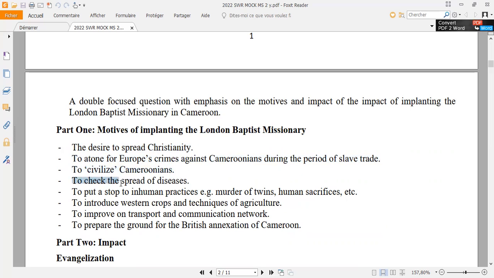They came to check the spread of diseases like malaria, to put an end to inhuman practices, for example murder of twins and human sacrifice, to introduce Western crops and techniques of agriculture, to improve on transport and communication network, and lastly, to prepare the ground for the British annexation of Cameroon. These were the motives or reasons for the coming of the London Baptist Missionary in Cameroon for the first part.